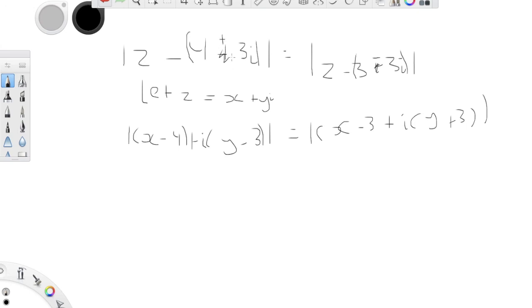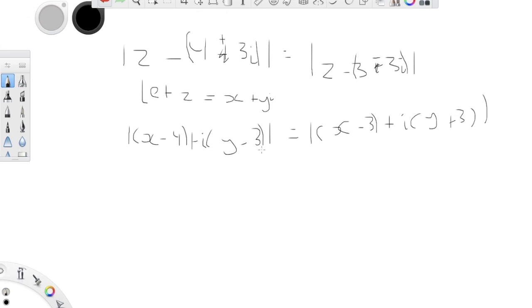So this should be y minus 3. That's why that's that, and the rest of this is all correct. I need to put a bracket there. Cool.